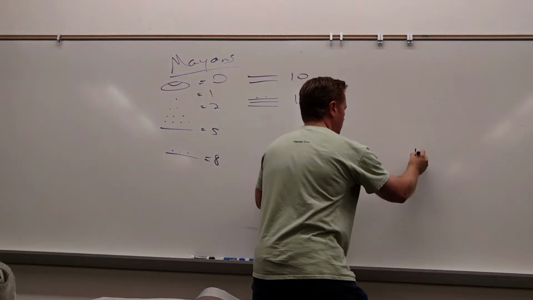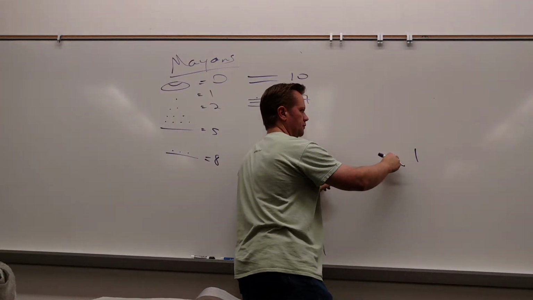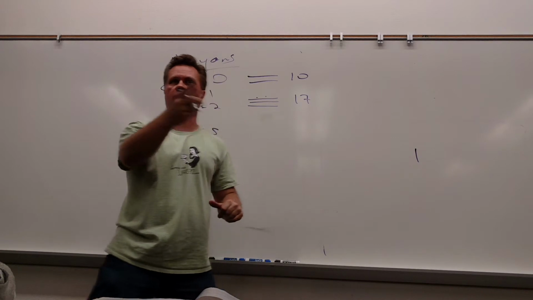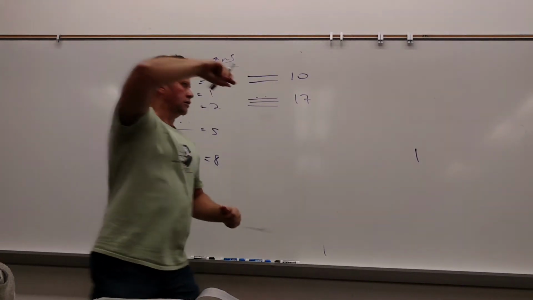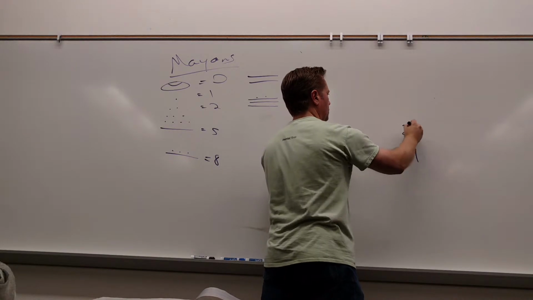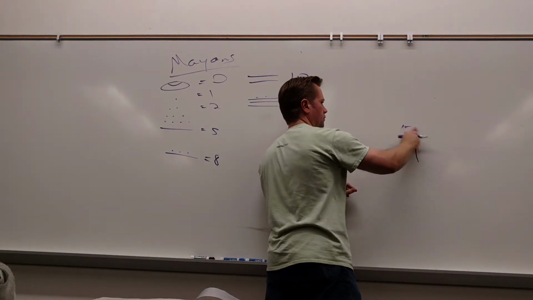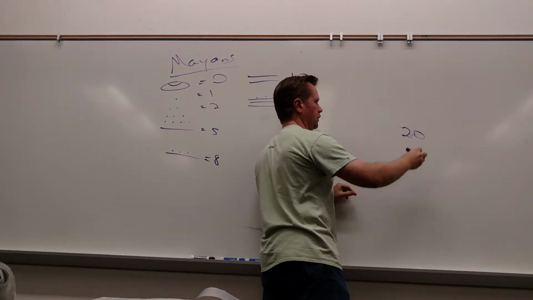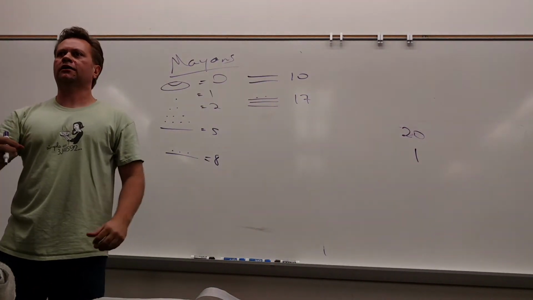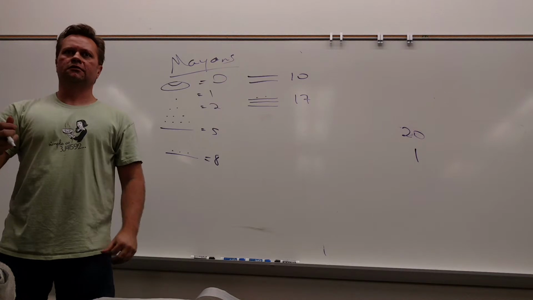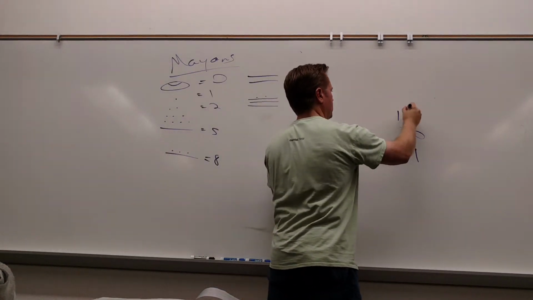What they had was a 1's place, and this is vertical. Remember, I told you that the other day. The Mayans and the Chinese both have vertical. They had a 1's place, a 20's place. Everything looks great so far. If I could write the number 2, there you go, John. The next place, though, was not 400. The next place was actually 20 times 18. What is 18 times 20?